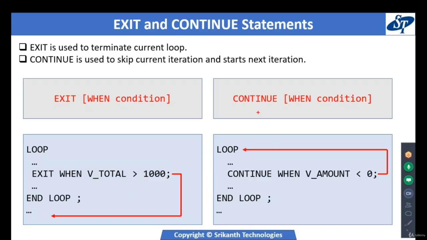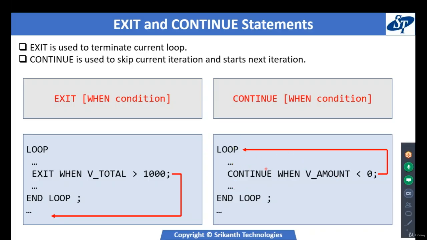The other statement is continue, where we give continue followed by again a condition. If continue is executed, it is going to take you back to the beginning of the loop, ignoring the statements that follow this. So whatever statements are present after continue, they are ignored and the next iteration of the loop begins.